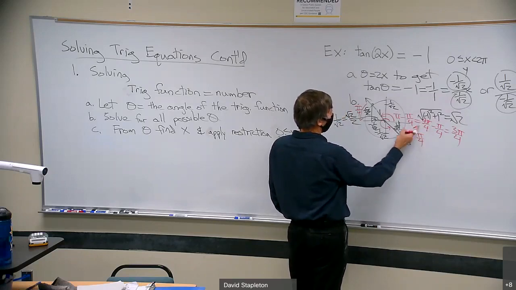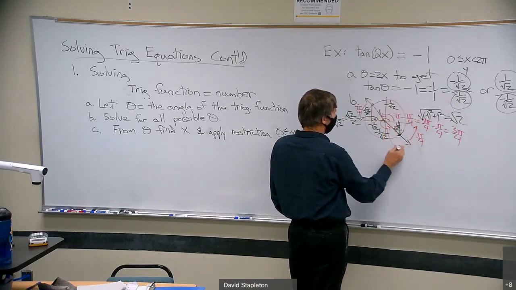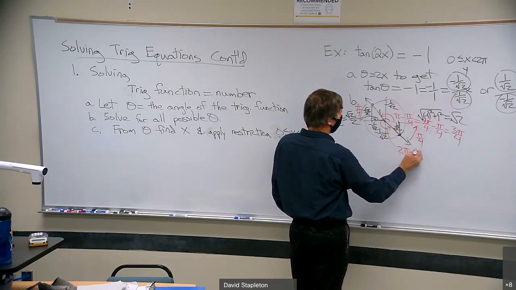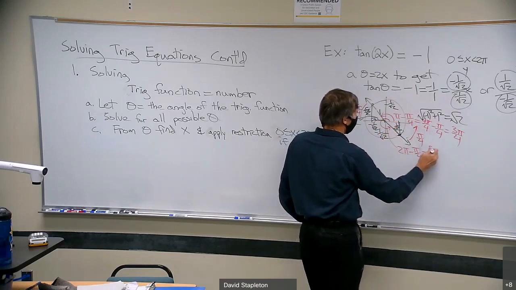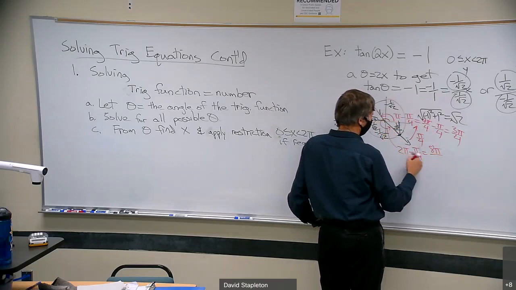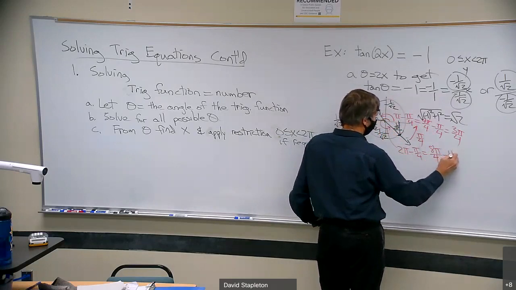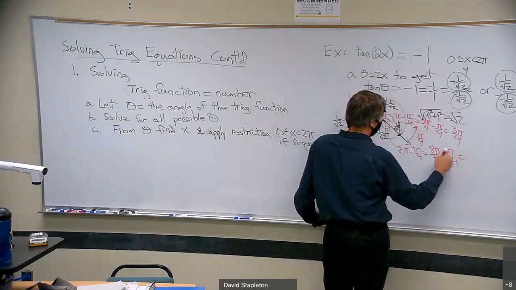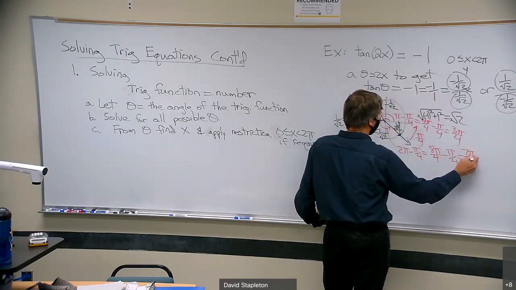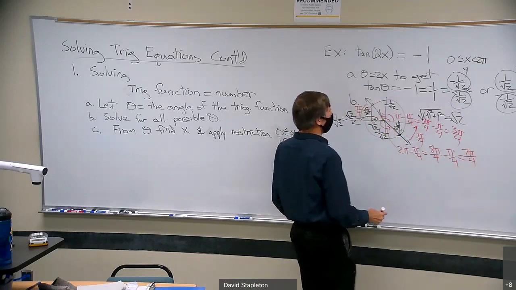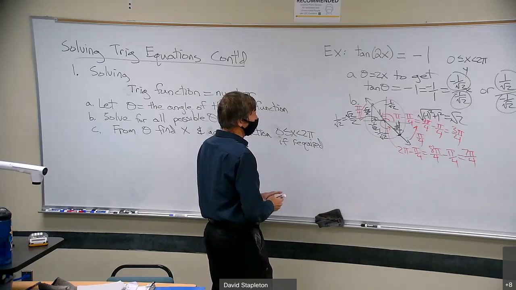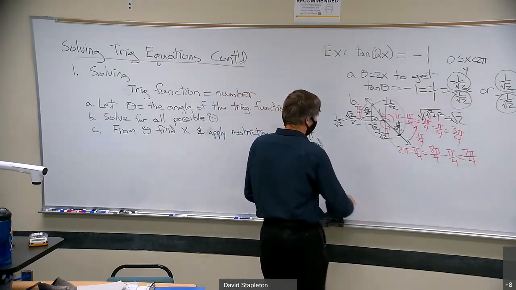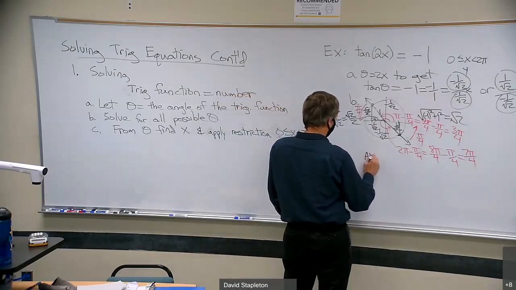And so 2 pi back up pi over 4, this angle, which is 8 pi over 4, multiplying top and bottom by 4 here to get a common denominator, less pi over 4. 8 pi minus pi is 7 pi. So there's the two angles that I have. Part B, to solve for all possible theta.